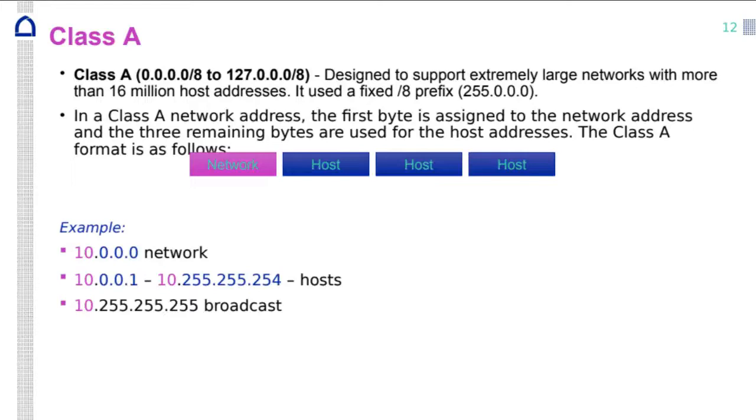These are examples of class A, 10.0.0. This is the network, this is the host, the one in blue, the range of hosts. And the broadcast is, you will have your network address and then you will put all ones for the other 3 octets, so it will be 255.255.255.